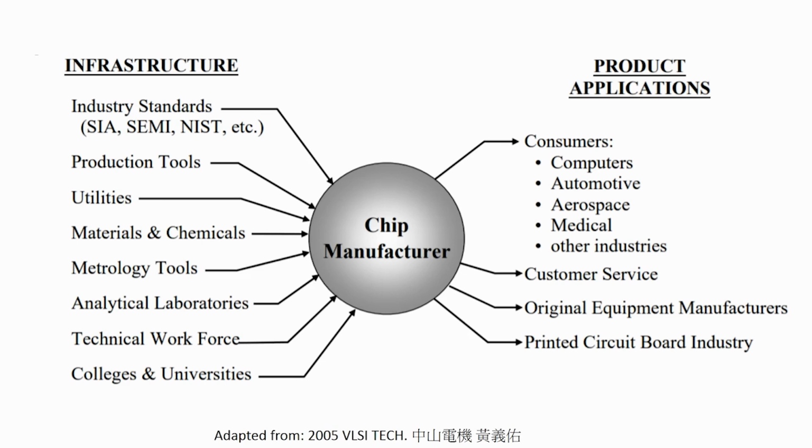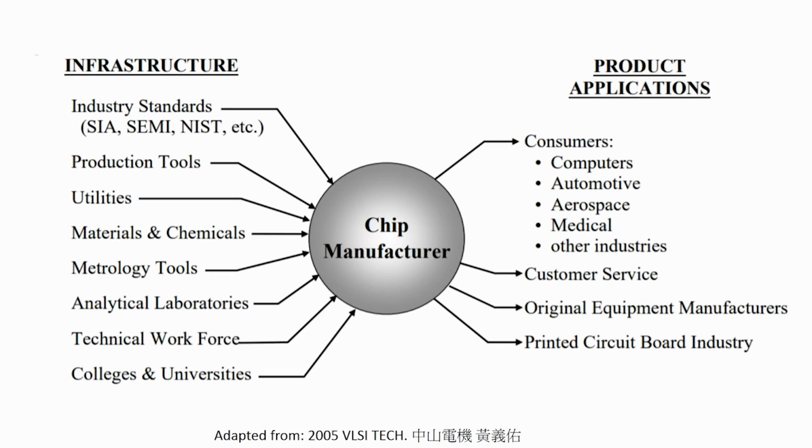If you see an Intel processor, this is how the processor is actually fabricated, how it is manufactured. It is manufactured using the silicon substrate, alright. Next is customer service. It can be used by chip manufacturers, original equipment manufacturers, the printed circuit board industry, and it is linked with colleges and universities. A lot of people buy the chip, right, a lot of people use or work with chip manufacturers.